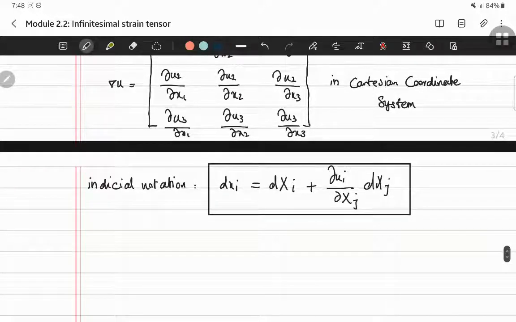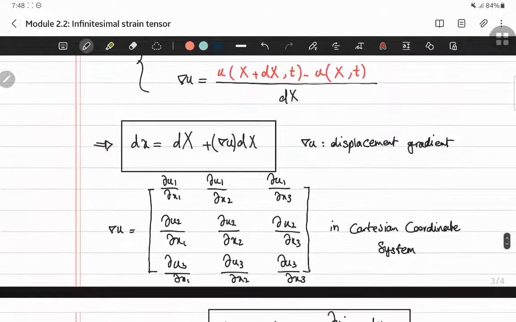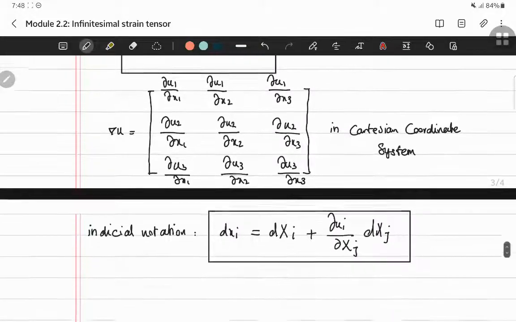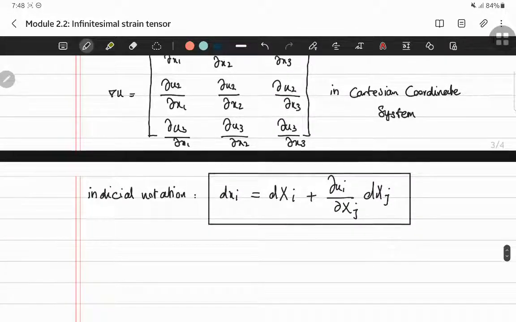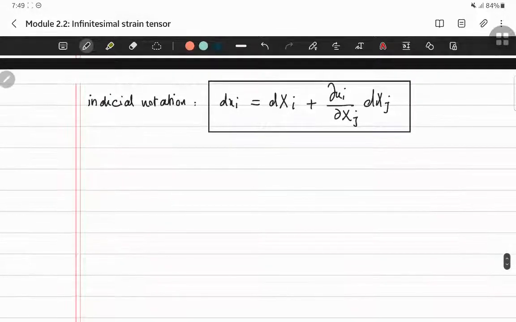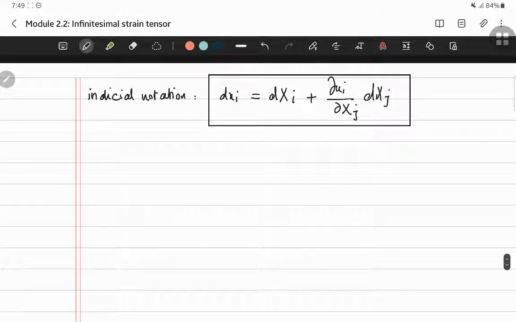Perfect. So if you have the displacement gradient, and you find this is a second order tensor, and if you calculate this product and sum it up with the reference configuration, you get the current configuration. For this, we can solve a problem here.